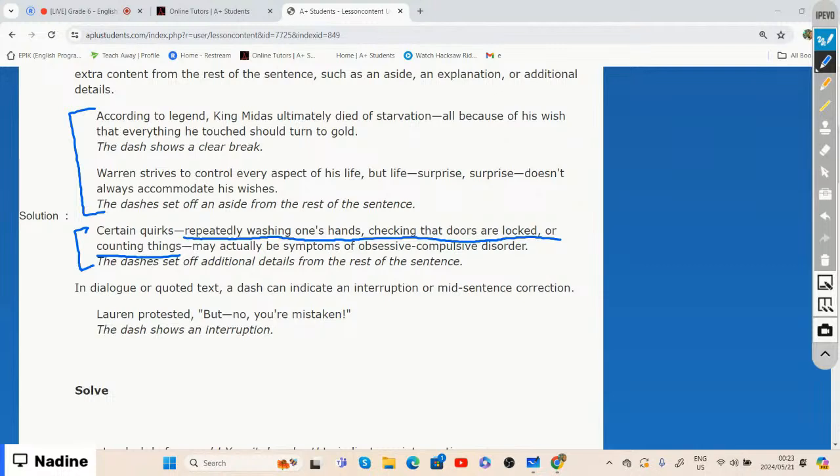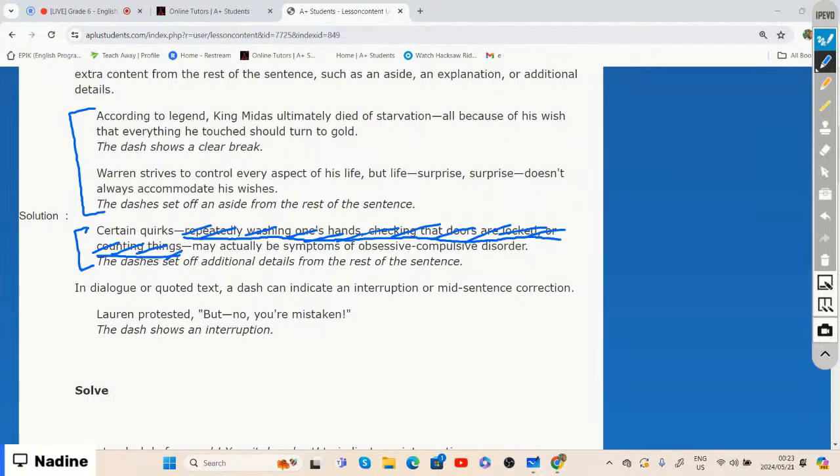So that is showing us that the dash is set off by additional information. It's additional details and it is separating it from the rest of the sentence, which means we can read the whole sentence without this part over here.